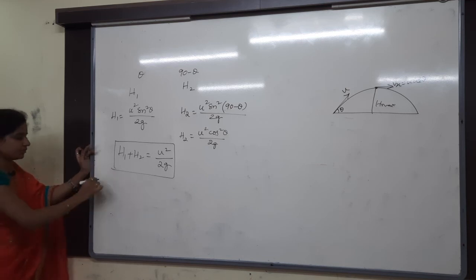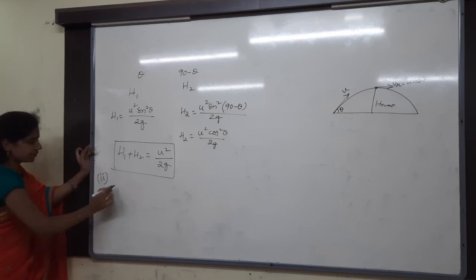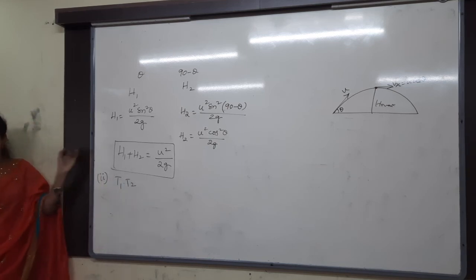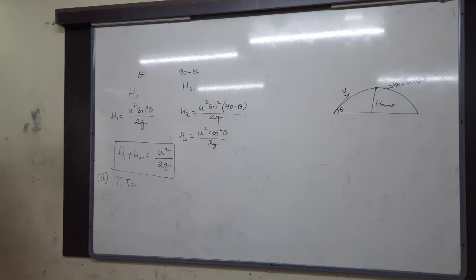For the same problem, take it as second problem. Product of the time of flights in terms of range. Product of time of flights in terms of range. In terms of range, you have to get the answer.